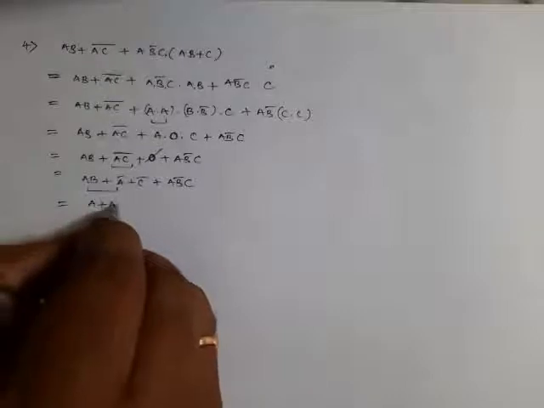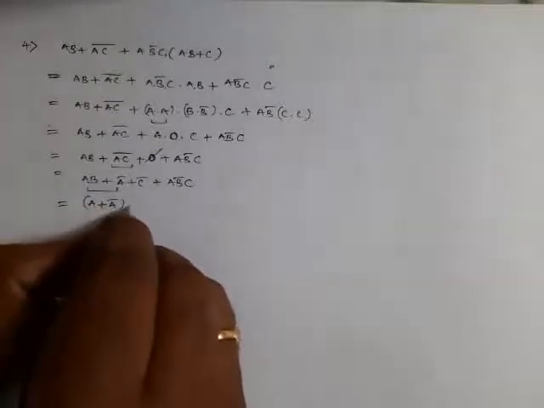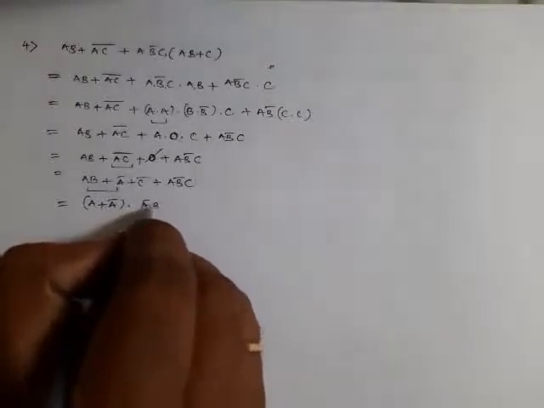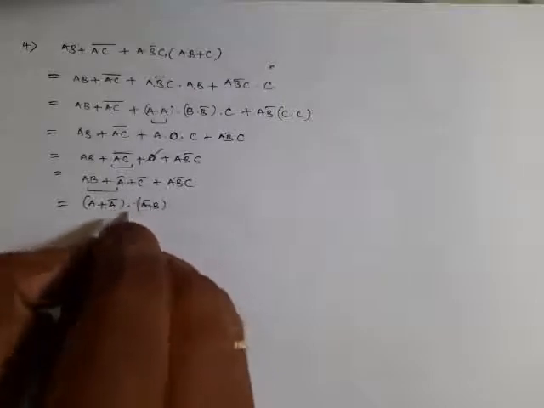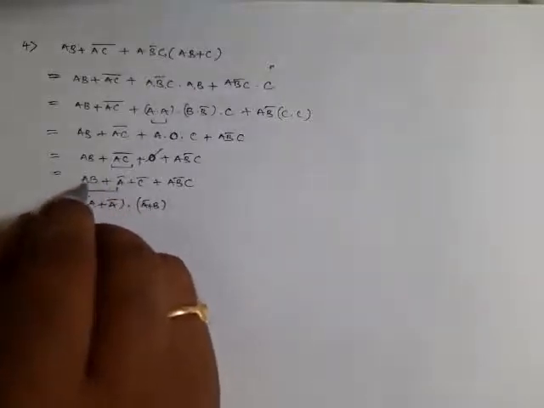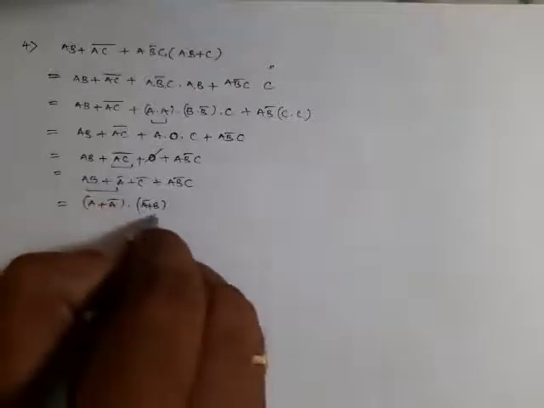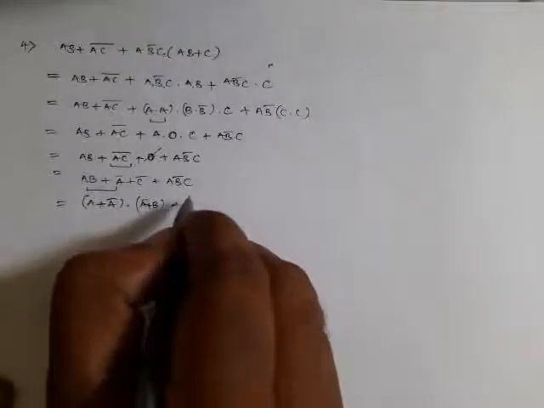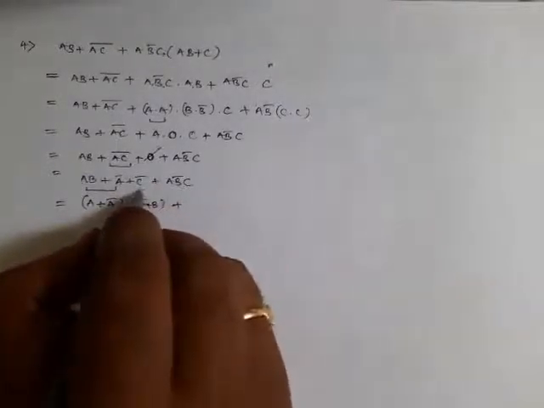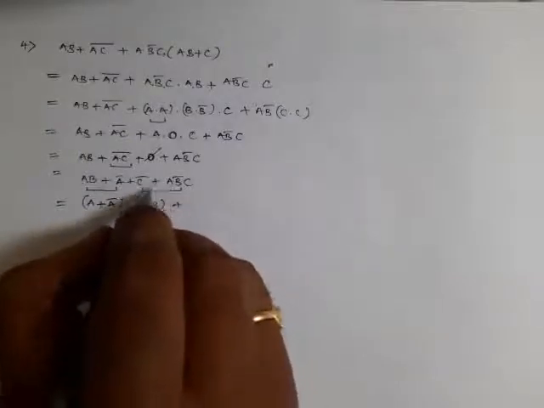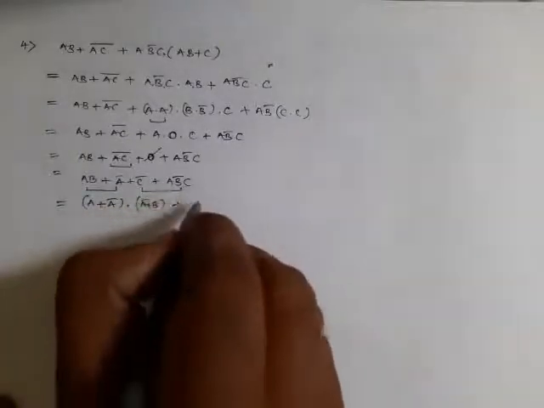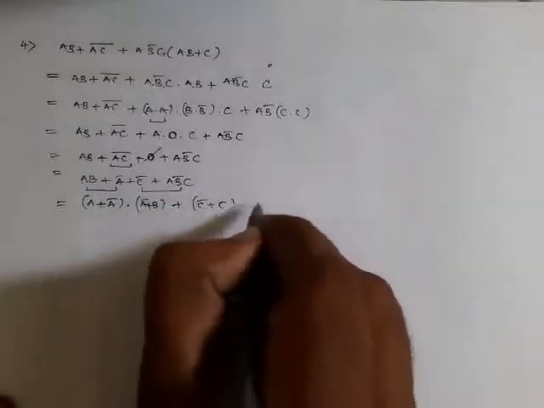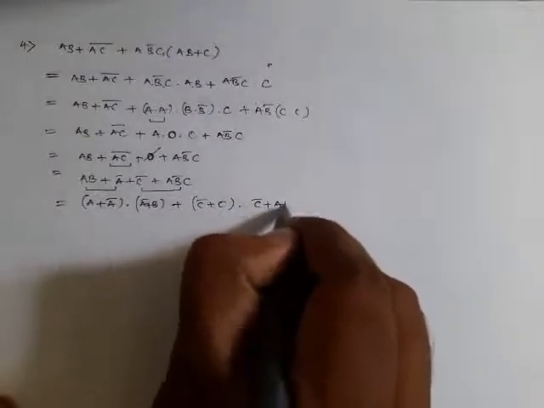So this becomes A plus A bar dot A bar plus B, A bar plus B. Here also we use the distributive law, OR over AND, this becomes C bar plus C and C bar plus AB bar.